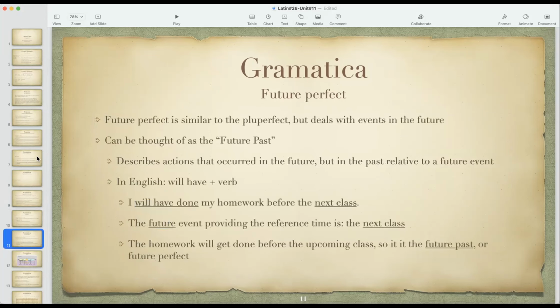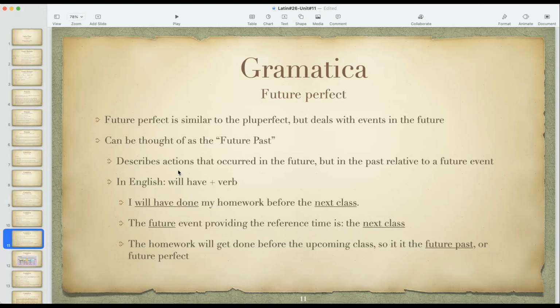So future perfect, same idea, but it deals with events in the future. Again, you can think of it as the future past. So you're talking about some action in the future, but the other action is in the past relative to the future event.